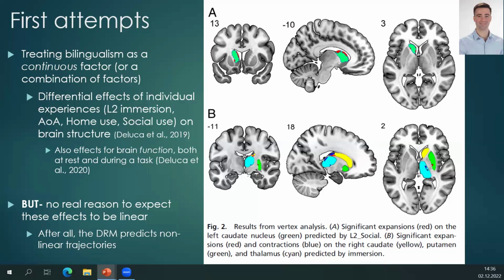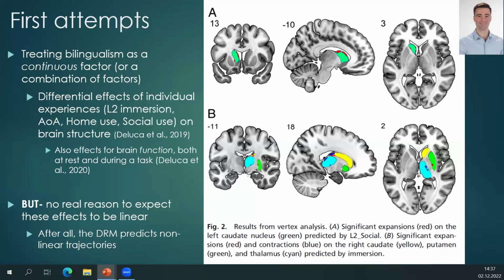And we found that these experiences have distinct effects on brain structure. So what you see in the top row is the caudate nucleus in green, and then you find significant expansion of that nucleus predicted by L2 social use. How much you switch to your L2, to your second language, in social settings.